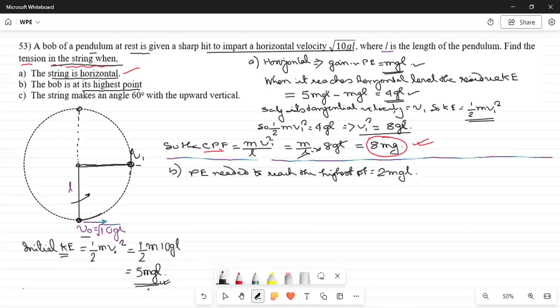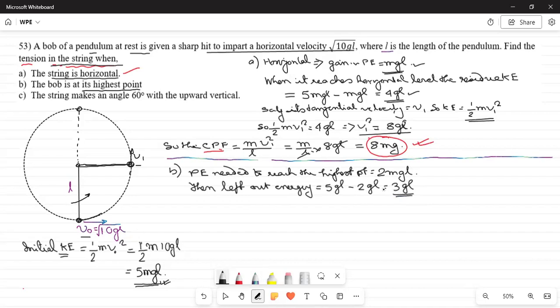It is much lower than the initial energy 5 mgL. So we are sure that it will reach the highest point. Once it has reached the highest point, the energy left out is 5 mgL minus 2 mgL, equal to 3 mgL.